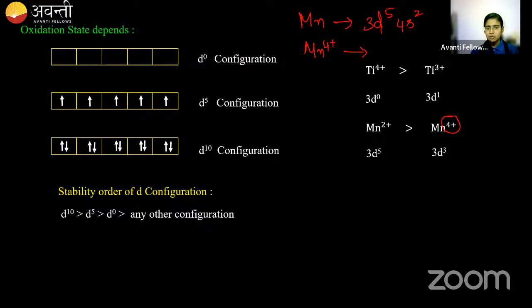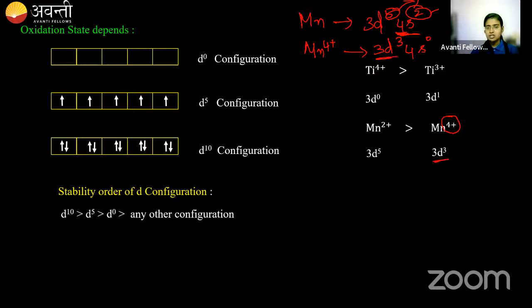First you have to remove the electrons from the outermost shell only. The outermost shell is 4, and the outermost orbital is 4s. So first you have to remove the 2 electrons from this and the remaining 2 electrons from the 3d orbital. If you remove 4 electrons from this configuration, you will have 3d3 and 4s0. Right? So this is what we have written here.